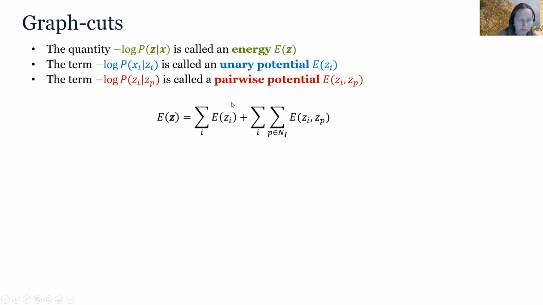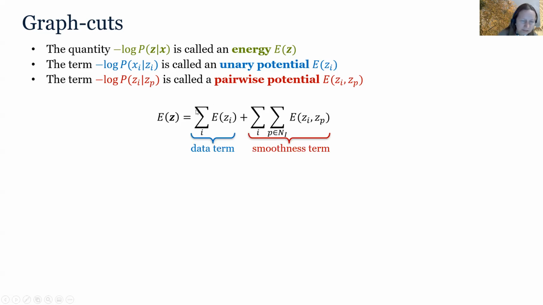That's the unary potential, and we sum up through all the pixels. Then we have a second term that will be the pairwise potential. This is minus logarithm of the probability of the current label given its neighbor. That's the energy for the pair of neighbors. That's why it's a pairwise potential, and we sum them up over all the cliques.